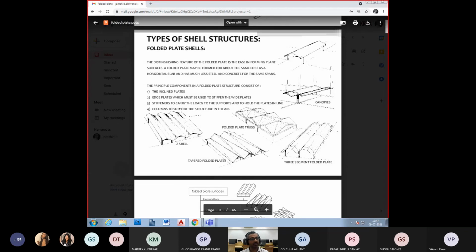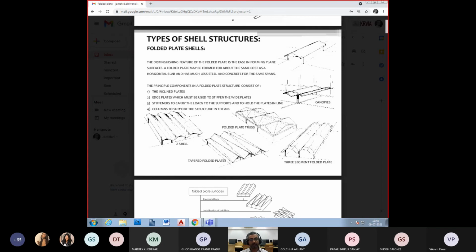Folded plates are a part of the understanding of shells, and we'll continue today with both folded plates and shells to see how minimal reinforcement is spread over such large concrete structures. We all know that shells require minimal reinforcement to be able to span larger structures, thereby bringing economy.